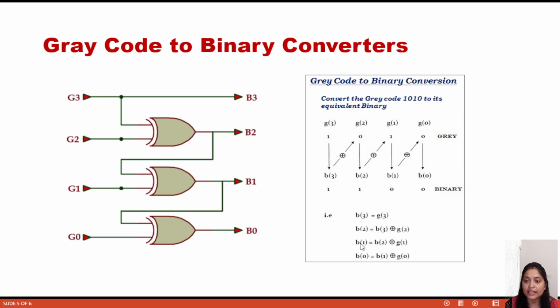Next, B1 is B2 XOR G1: we take the B2 line and another line for G1, pass these two inputs through an XOR gate, and we get B1. Then for B0, B1 XOR G0: one input from B1 and another input G0 pass through an XOR gate, and we get B0. So these are the conversion processes of gray code to binary code.